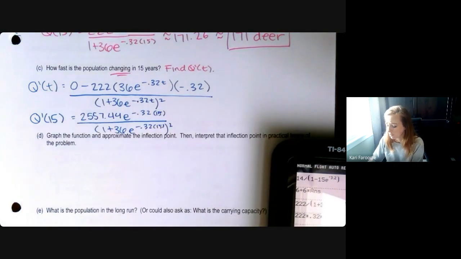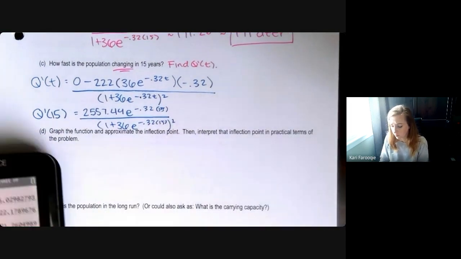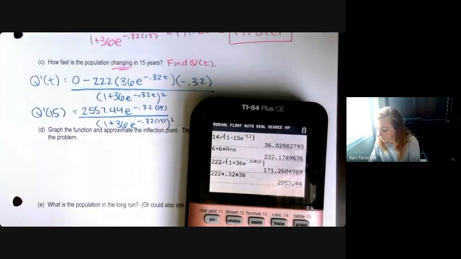Sorry, my writing is getting a little funky in this space. All right, so I've got this value.